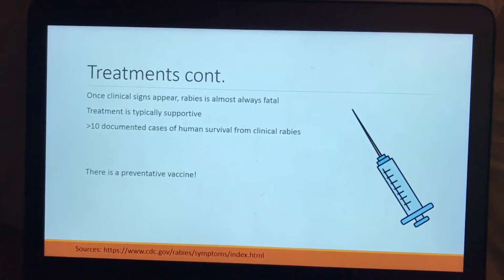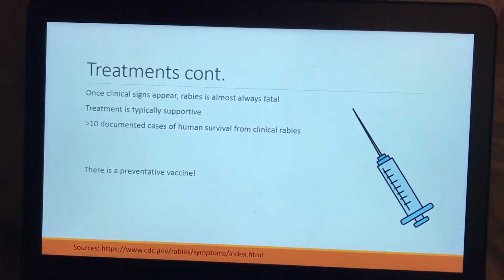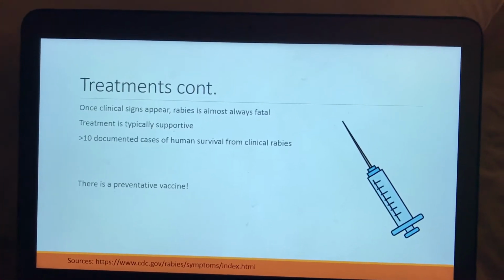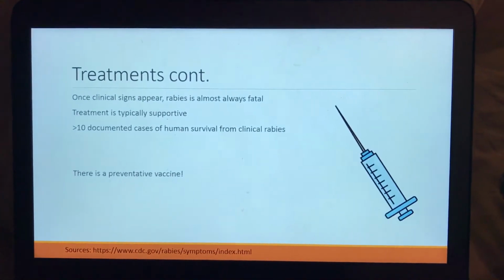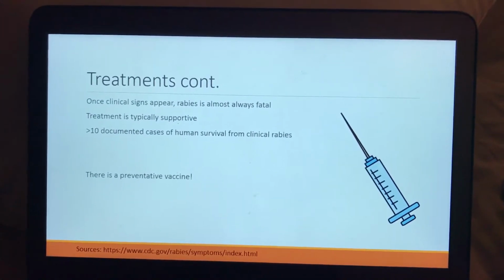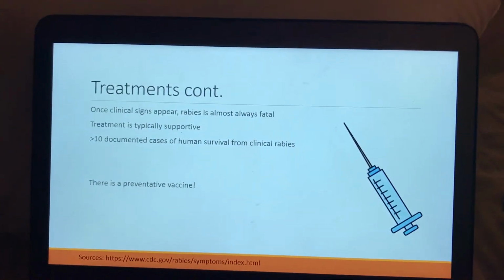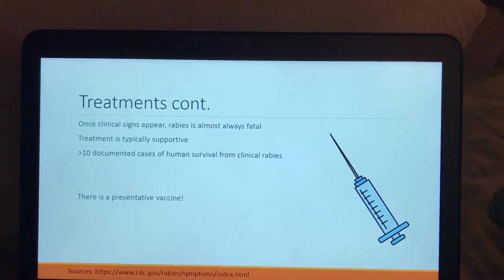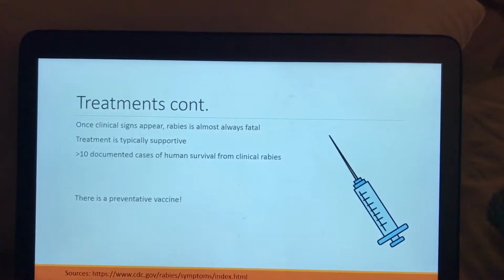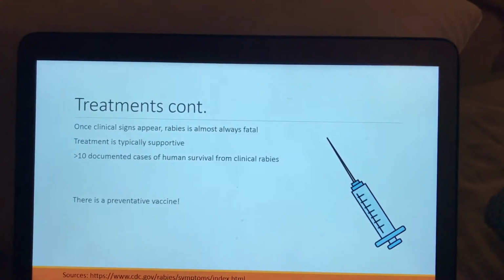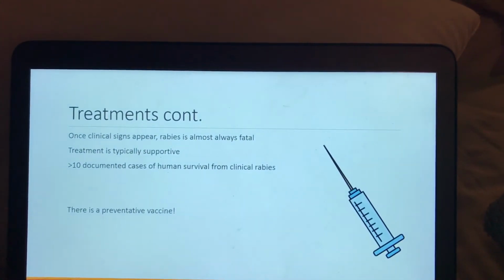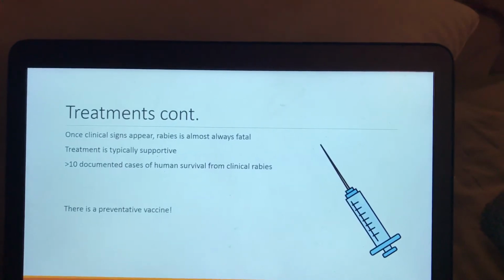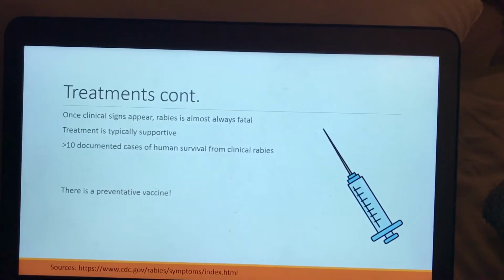So if everybody were to get that preventative vaccine, that could really help avoid needing a treatment at all. And that disease prevention includes the administration of both passive antibody through an injection of human immune globulin and a round of the injections with this rabies vaccine.